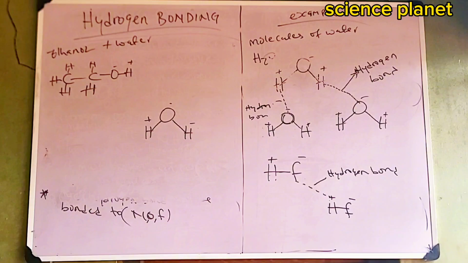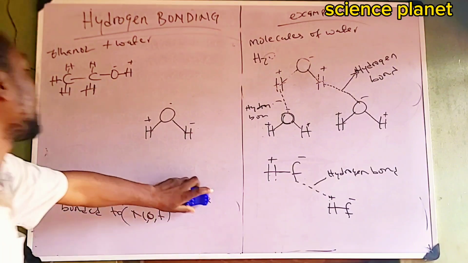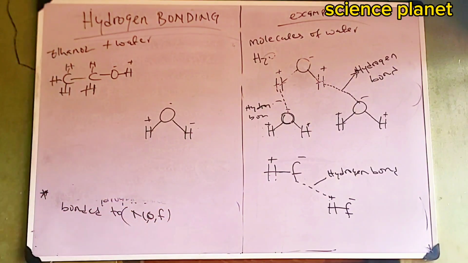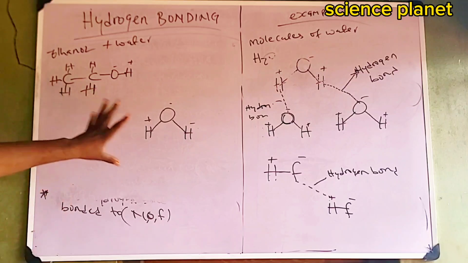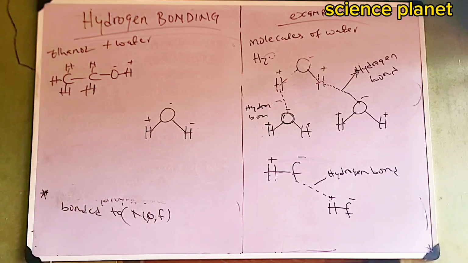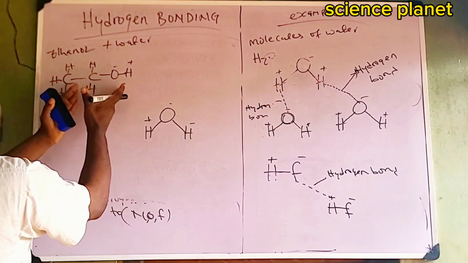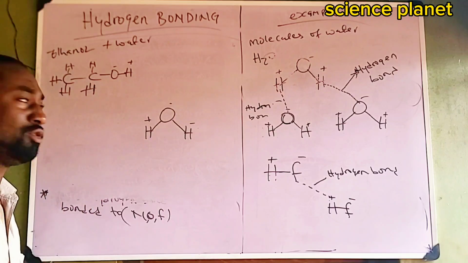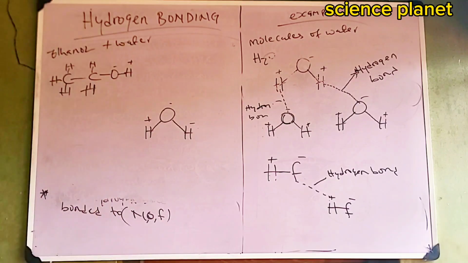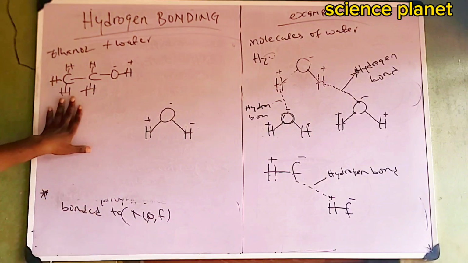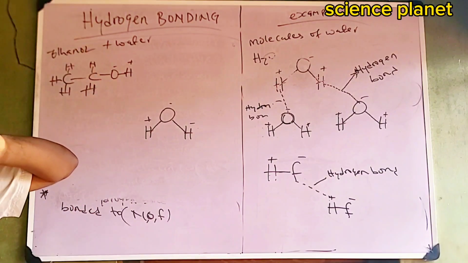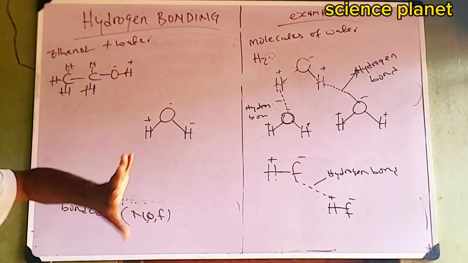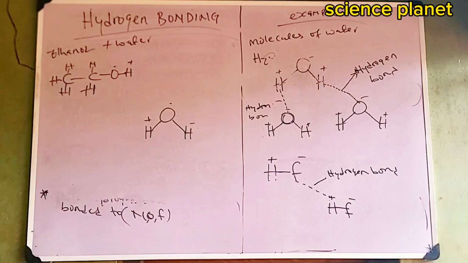I kept this last because they said the last is for the best. If you look at this ethanol and water, ethanol can dissolve in water, and ethanol dissolves in water because of hydrogen bond. Now, what part of this ethanol is involved in hydrogen bond? Because not all of ethanol is involved in the hydrogen bond. It has hydrogen all over, but it is not all the hydrogen that is involved in the hydrogen bond.